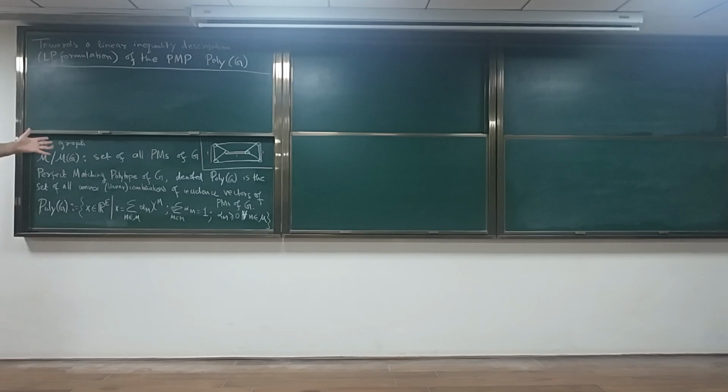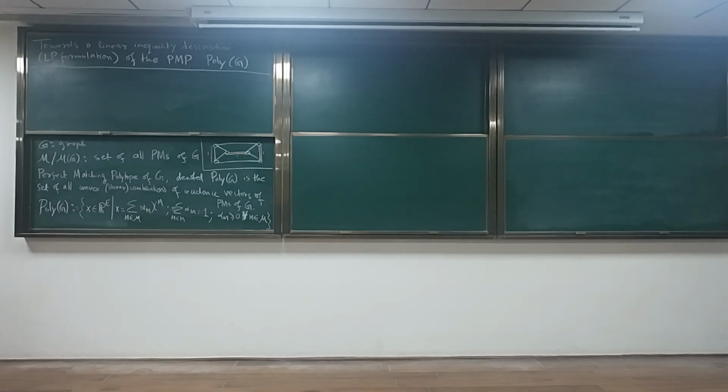If you take a bunch of such 0, 1 vectors and you take their convex combinations, will you ever get a negative entry? You won't. That's clear. So whatever is in the perfect matching polytope needs to satisfy non-negativity.